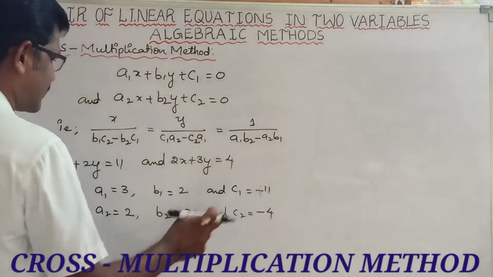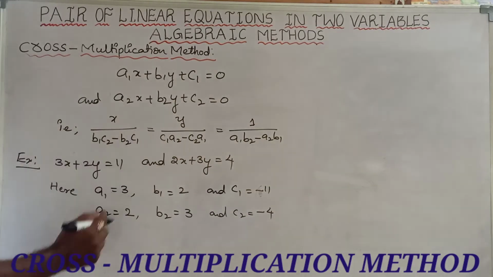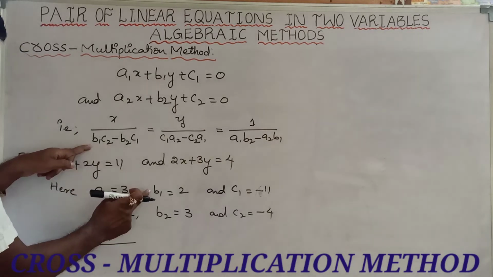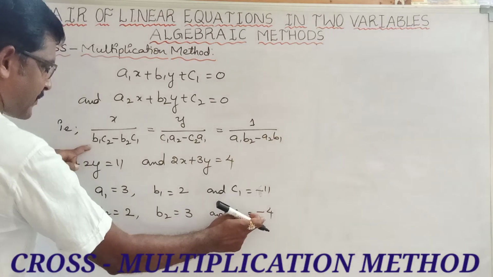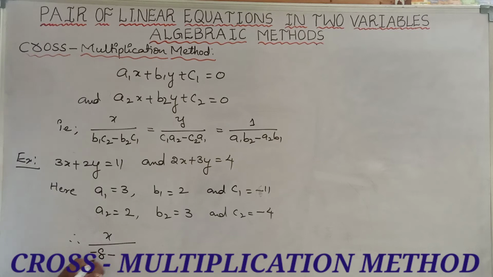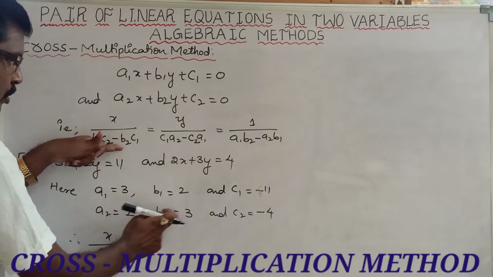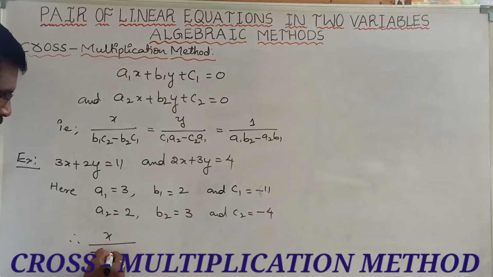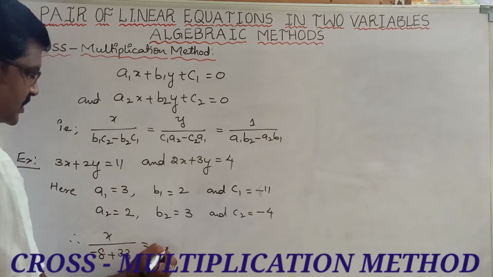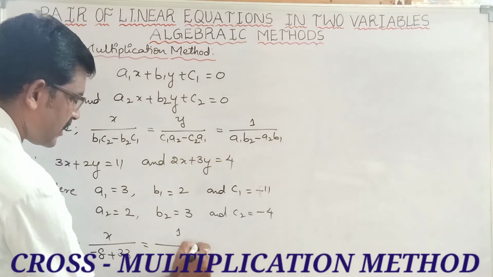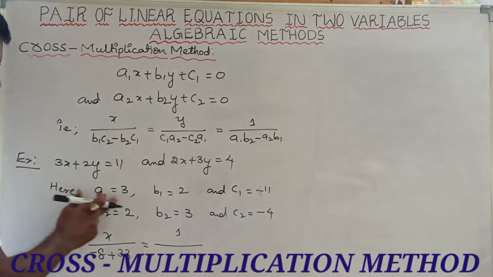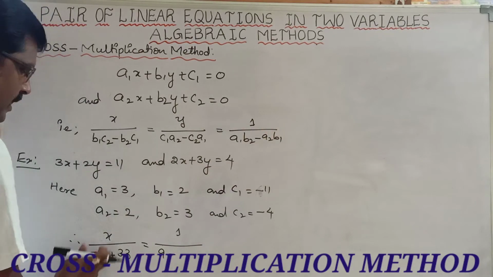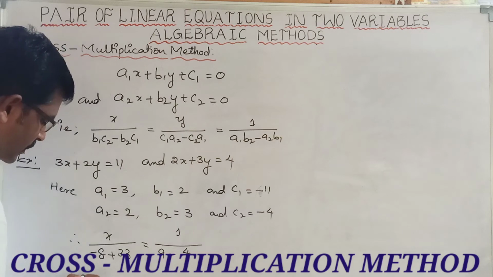We substitute these values in the given formula, that is x by b1 c2, 2 into minus 4, minus 8, minus b2 c1, minus 11 into 3, minus 33, plus 33, is equal to 1 by a1 b2, 3 threes are 9, minus a2 b1, minus 4.